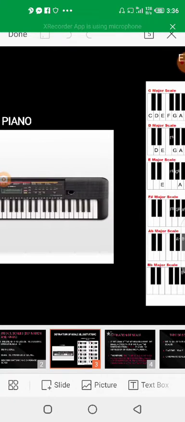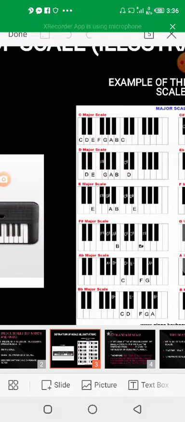Okay. The next diagram tries to tell you what it looks like too. Just tries to tell you that the C to C as shown in the keyboard. So if you see, it's a C major scale, the first one there is a C major scale and it shows you the notes that is C major scale.